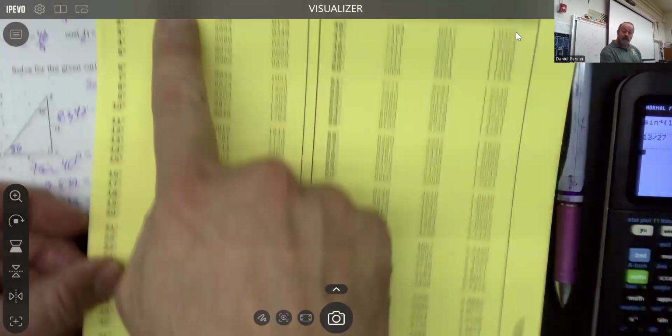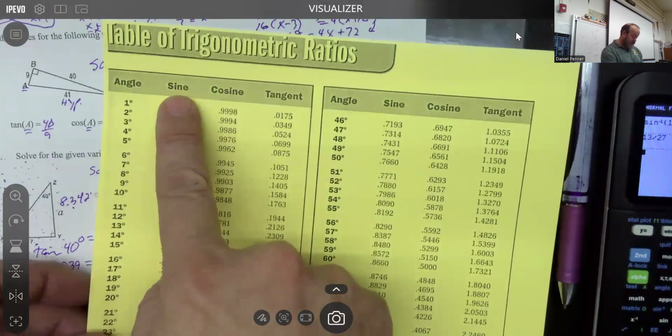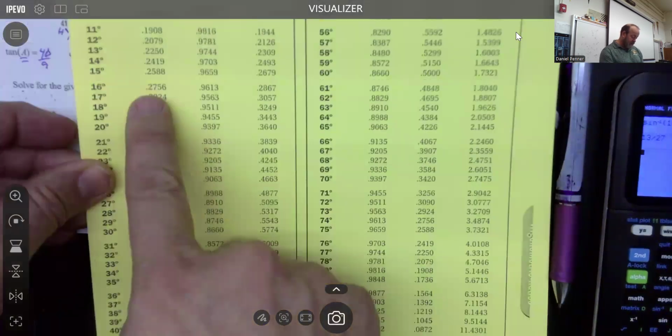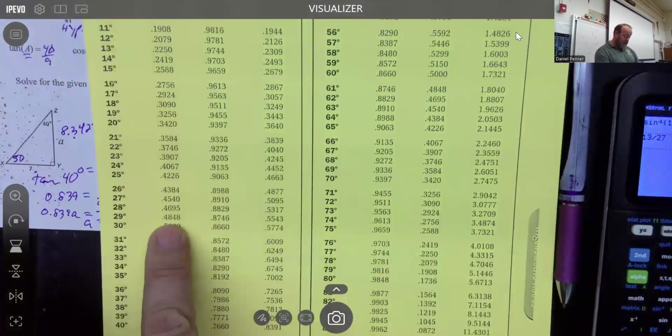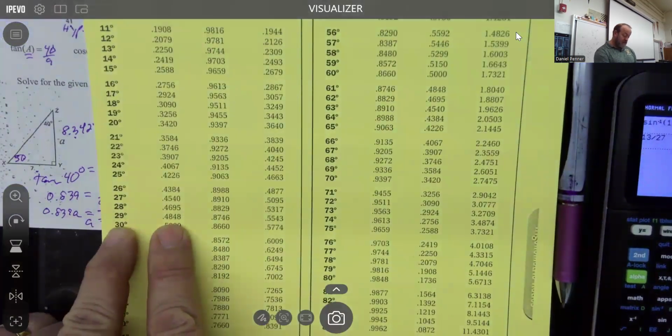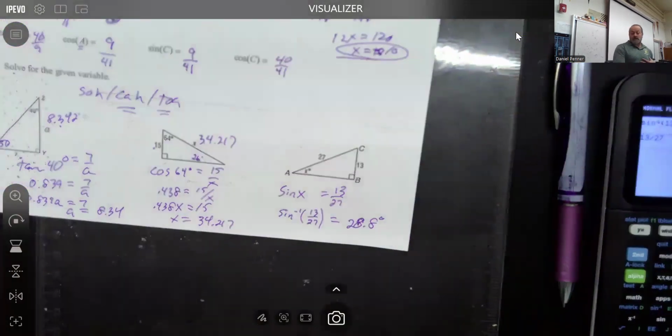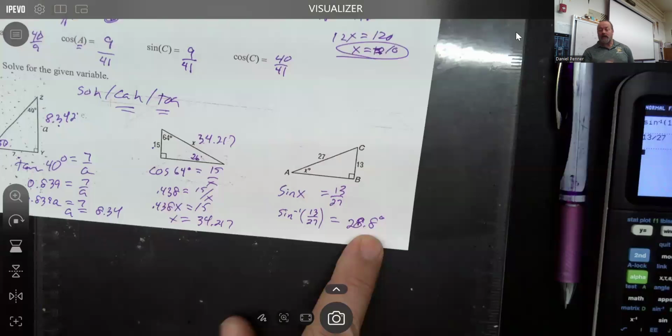So if we look for the sine, which is this top one, and we look for where that says 0.48, as I slide on down, right around there, somewhere between 28 and 29, but a little bit closer to 29 than 28. So maybe 28.7 or something like that. And you'll notice that's actually fairly accurate when I just kind of guessed at it.